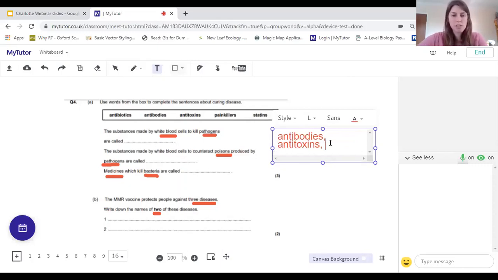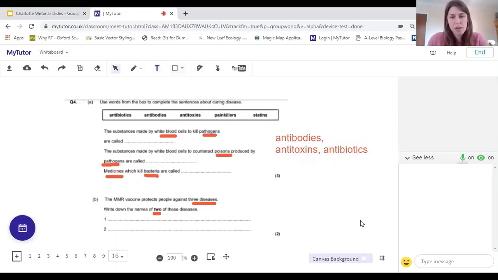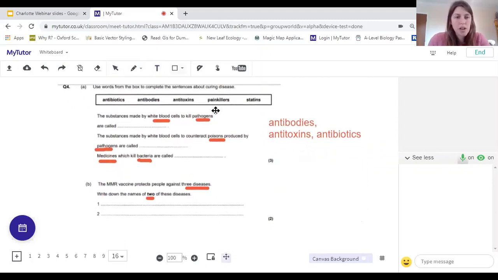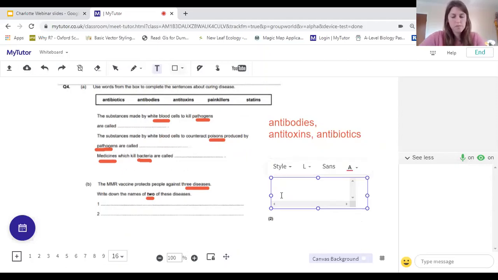Medicines which kill bacteria are called antibiotics. Remember, antibiotics only work on bacteria. And then we talked about the MMR vaccine, so you could have any 2 of measles, mumps, rubella.